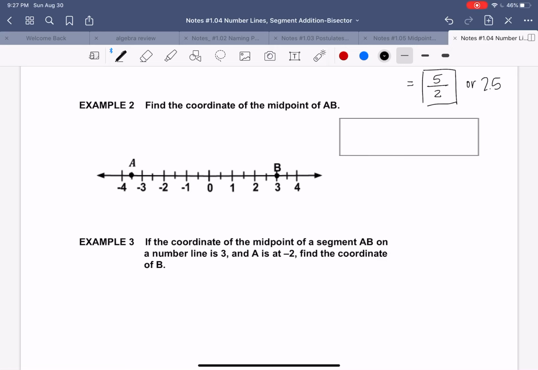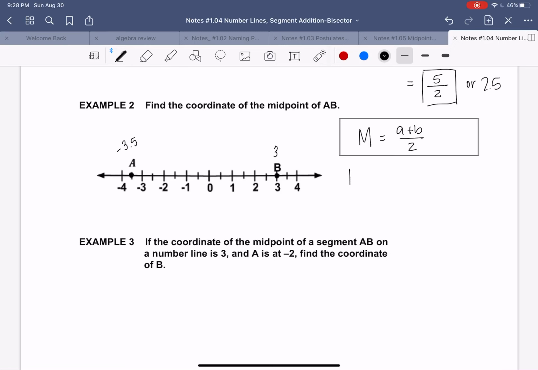Okay. So remember, the midpoint is the middle point, and we have our formula, A plus B divided by 2. Okay, so A right here is -3.5. And then we have B at 3.